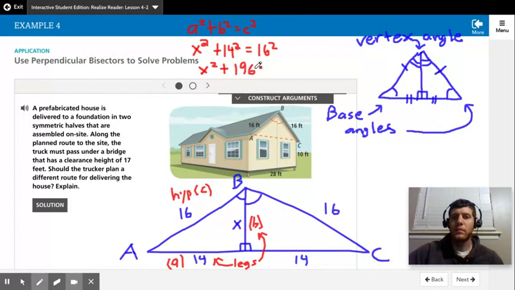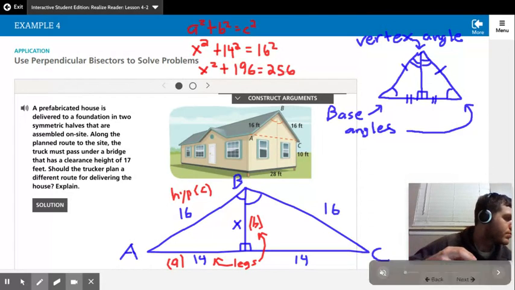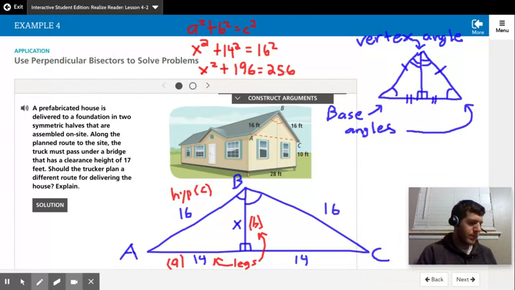And then 16 squared is 256. Let me just double check that real quick. I mean, it is, but I'm just paranoid, 196 and then 256, just so I don't have to redo the whole thing.